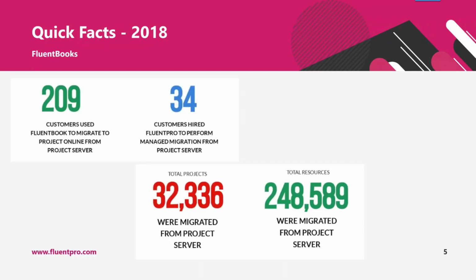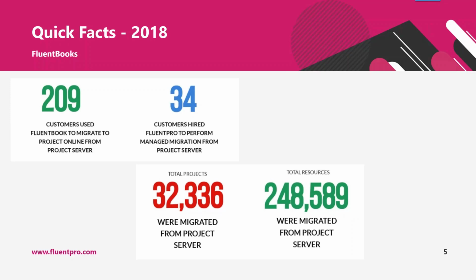Very quickly, statistics. We just recently calculated some statistics from 2018 for migrations where just Fluent Books was used, or migrations that we performed. We participated to some extent, with just Fluent Books or with services, in over 209 migrations. We helped customers do managed migrations, small and large, from Project Server to Project Online.